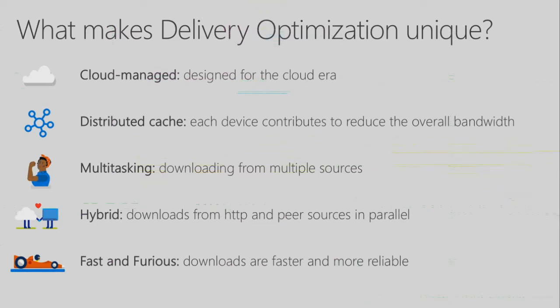All of this is orchestrated by a cloud service. So we have delivery optimization services up in the cloud that these clients communicate with to find these peer sources. Now, delivery optimization is a hybrid client. That means that it's capable of doing both HTTP and peer-to-peer traffic in parallel. So it starts through the reliable HTTP source of your choice.